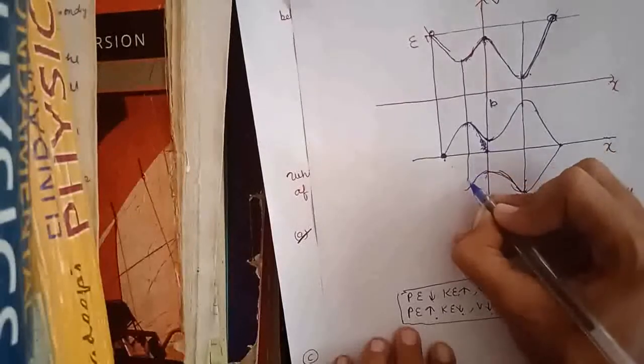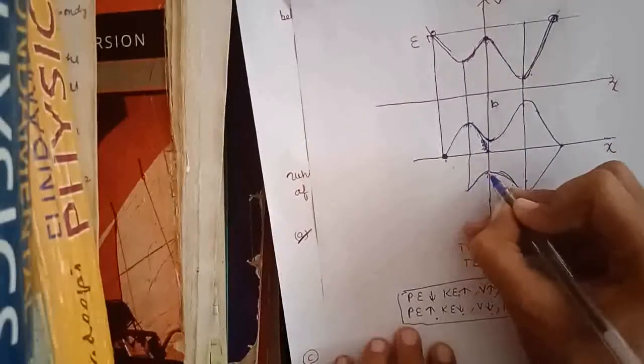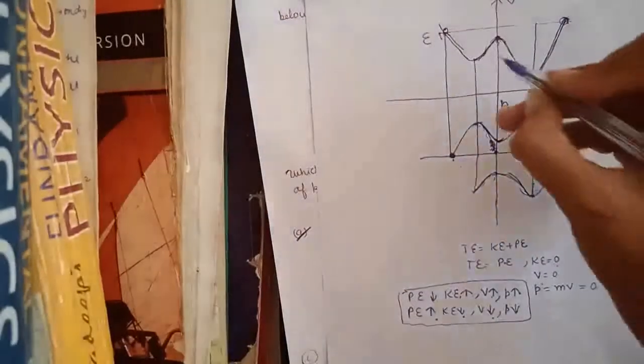Up to this point. Now this particle will move over here, and that means the potential energy of the particle is increasing.